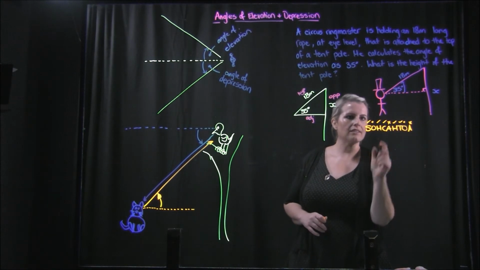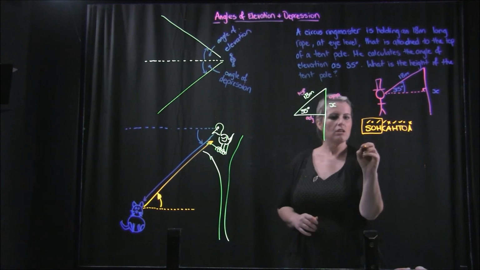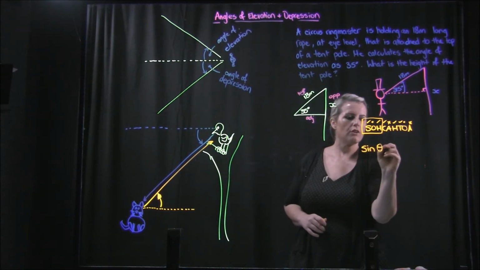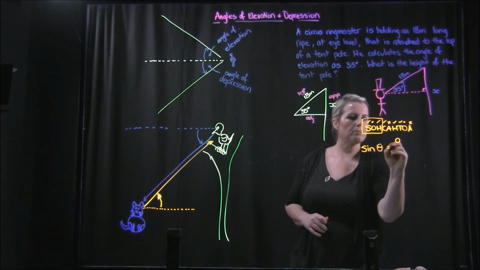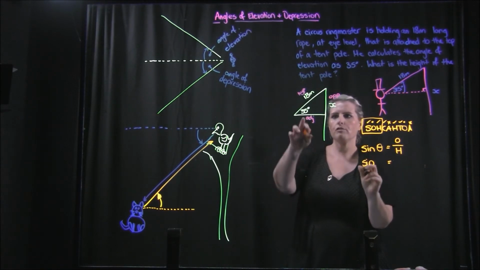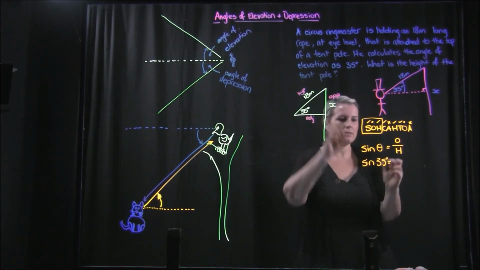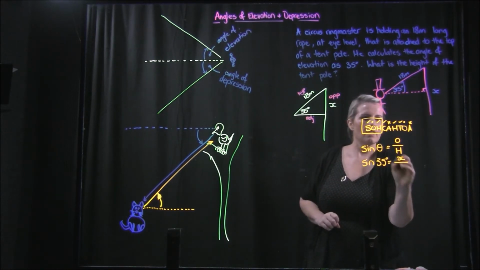So the only one that has two ticks and a dot is sine. So sine of the unknown angle will be opposite over hypotenuse. Sine of the angle, 35 degrees, is going to be opposite unknown, so X, over the hypotenuse, 18.